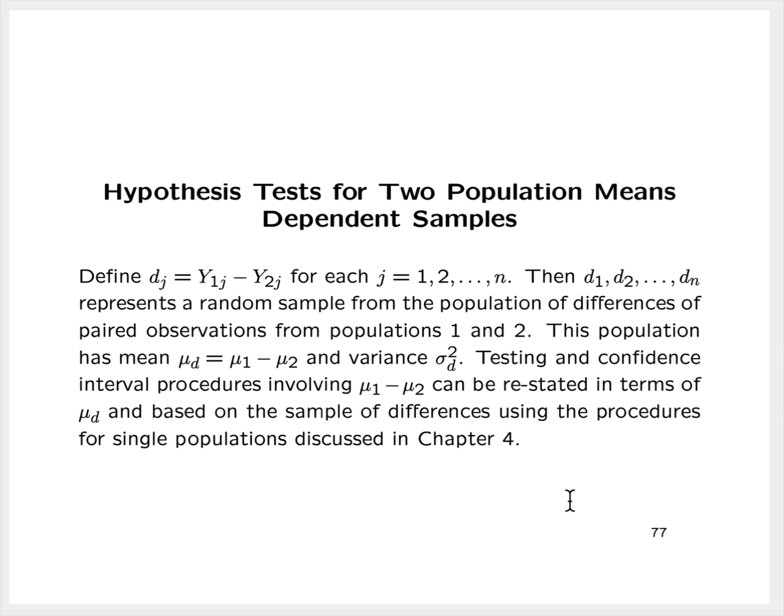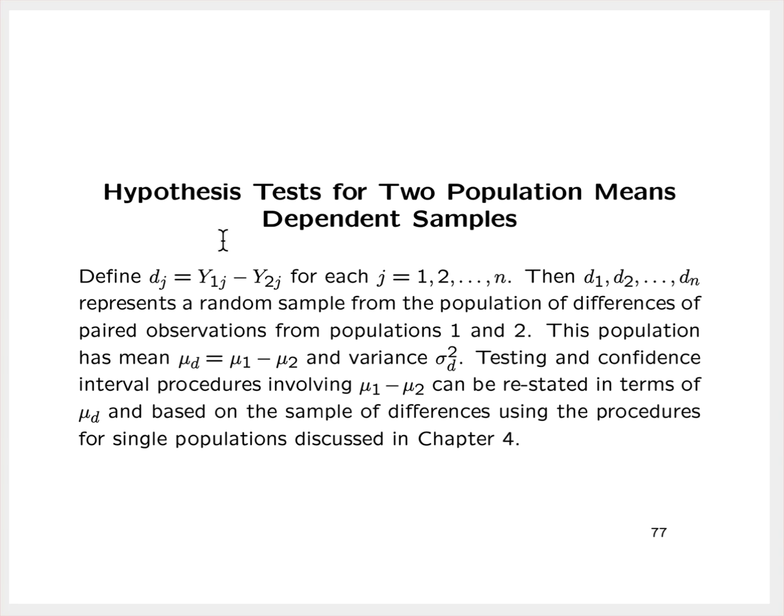And so the way that we're going to analyze this kind of situation, analyze these kinds of data sets and compare population means, is to reduce it back to a one sample problem. And we're going to do that by taking the difference between the observations within a pair.